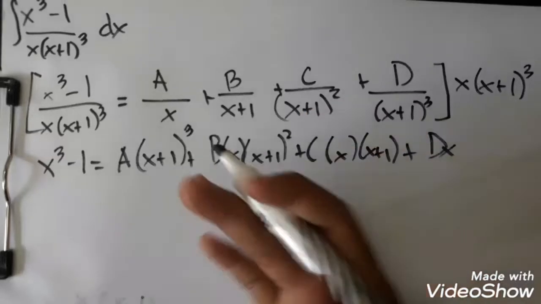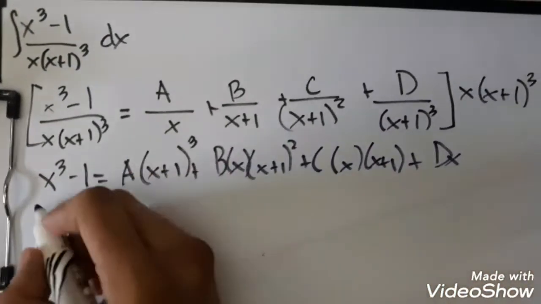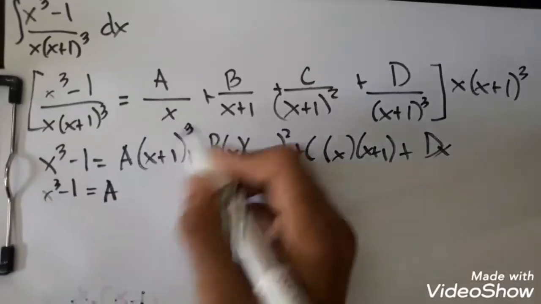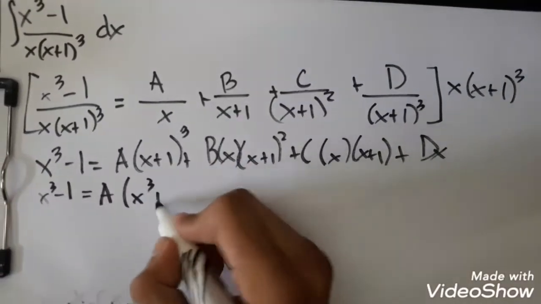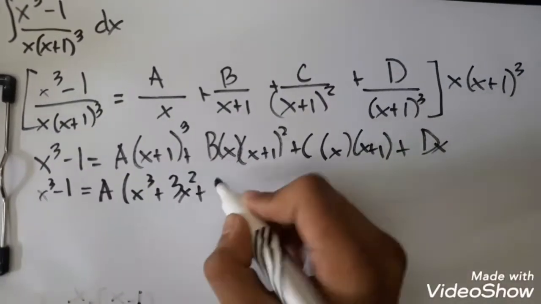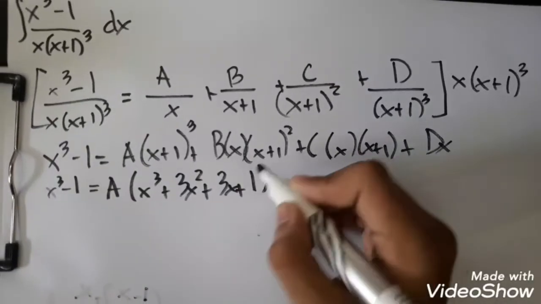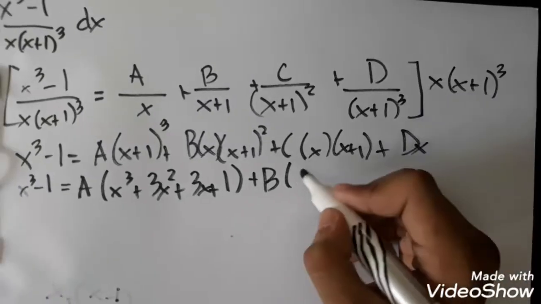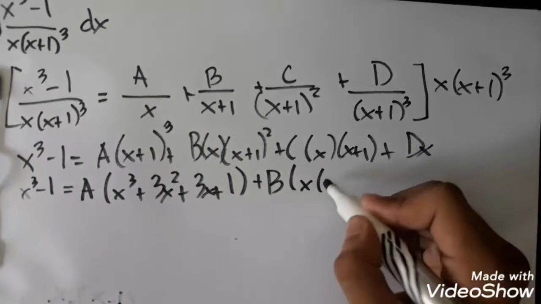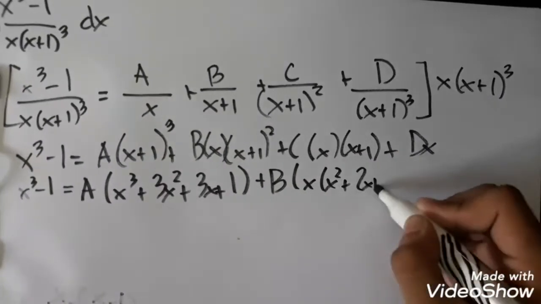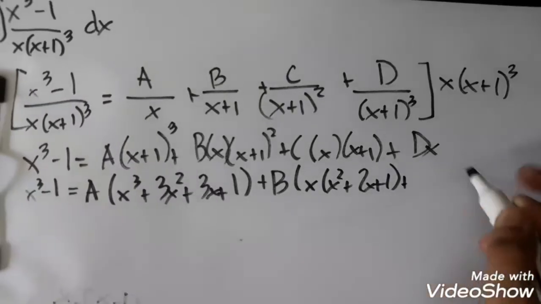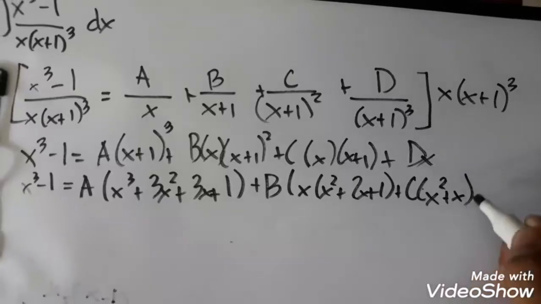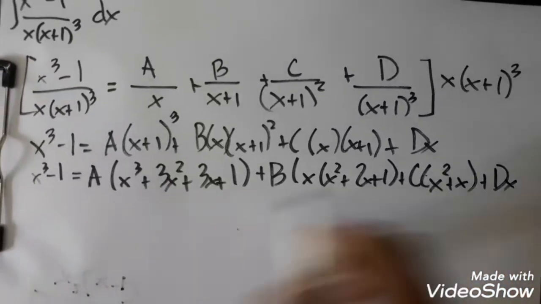So a times (x plus 1) cubed will be x cubed plus 3x squared plus 3x plus 1, and b will become x times (x squared plus 2x plus 1), and c will be x squared plus x, plus dx.